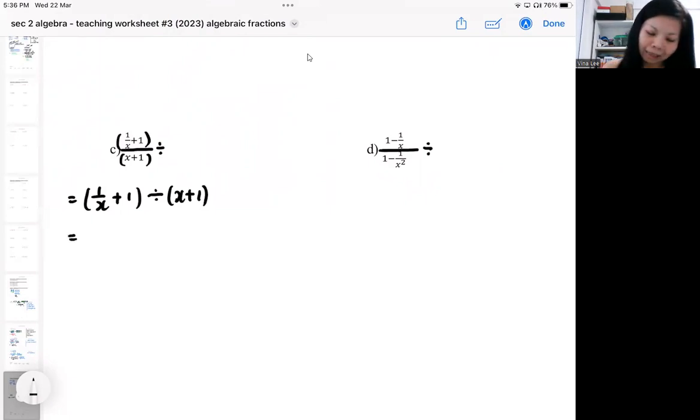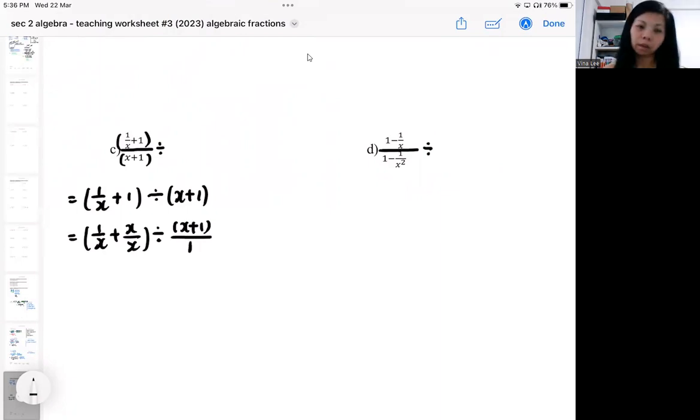And I'm going to make same denominator. So for the numerator, I'm going to try to make same denominator. The same denominator will get you into a single fraction.